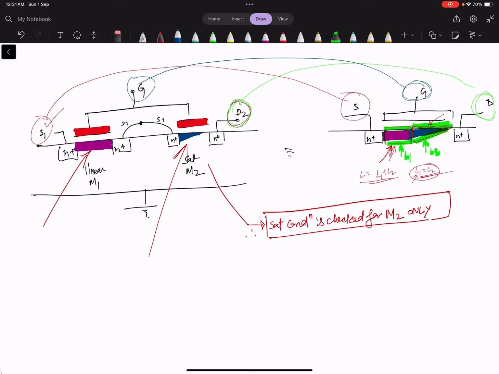Only thing is that we have separated this L1 and L2. Here is L1 and this is L2. So we can see from here that this will be in a linear region and this will be in a saturation region.